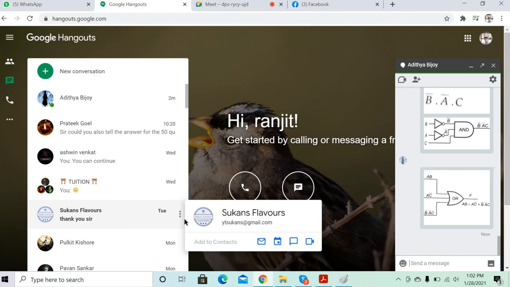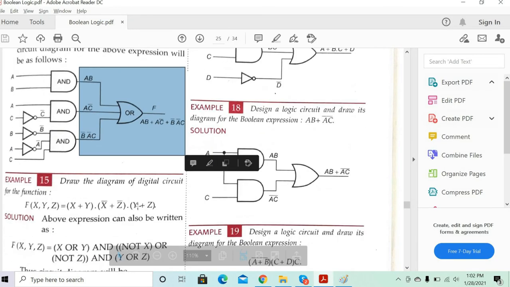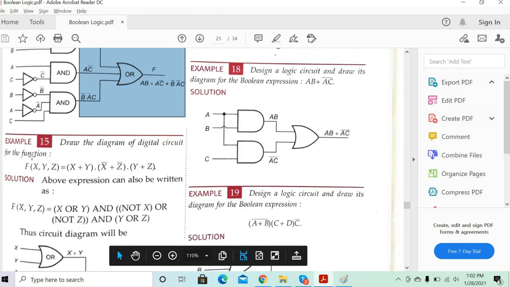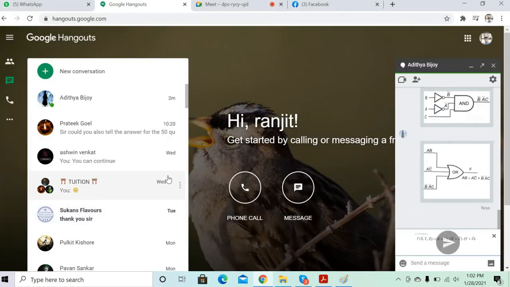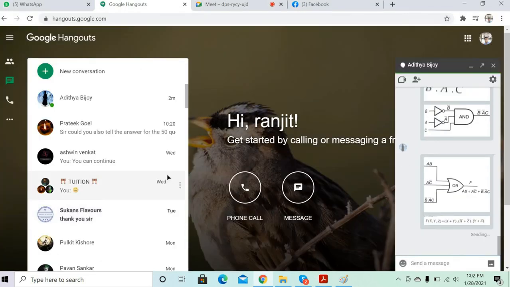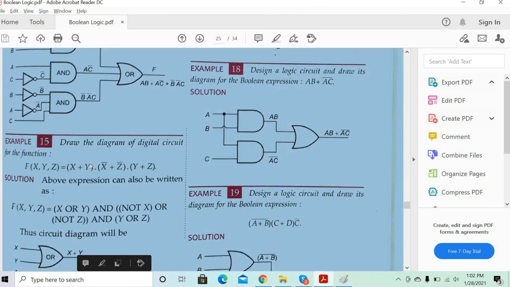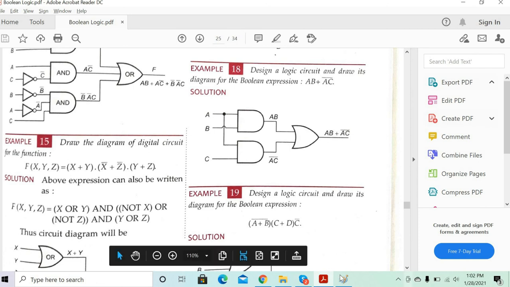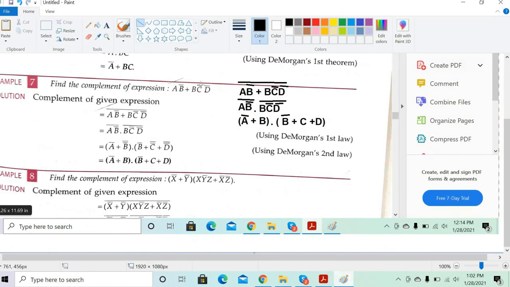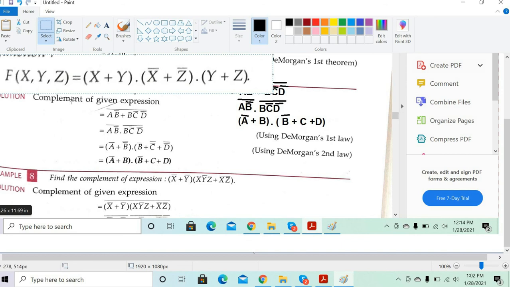Okay, good. So now let's go to the next part. Do example 15 now. Here the function xyz is equal to x plus y. Look at this. I'll explain this part again if you don't understand. Here three terms are there, Vijay: x plus y, x bar plus z bar, and y plus z.